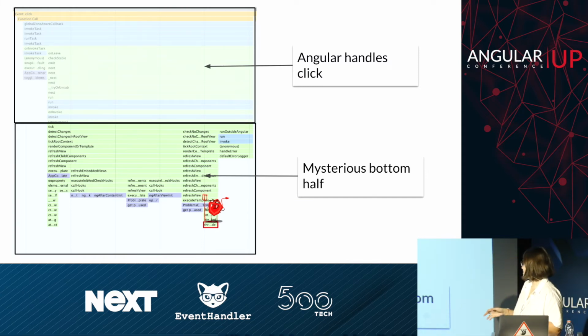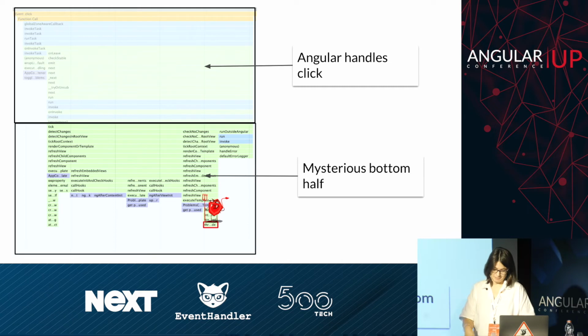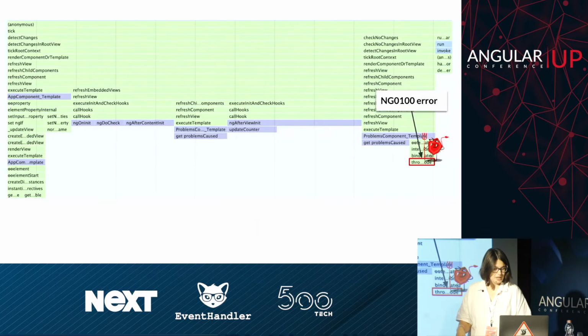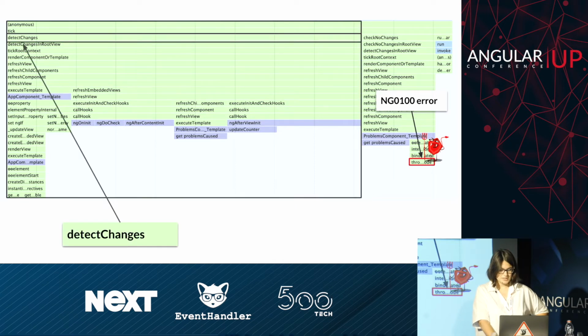And what is going on in the mysterious bottom? We're coming closer. Here it is. If we look at it closer, we see the detectChanges method. Pretty familiar, means something about the change detection cycle, I guess.